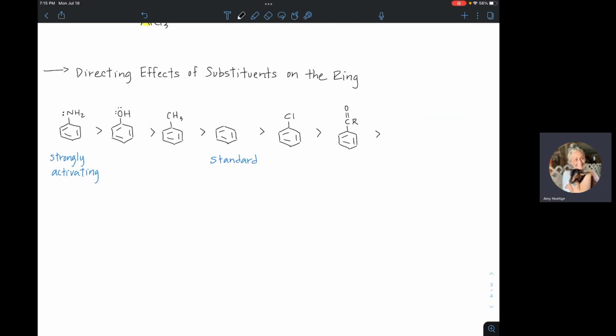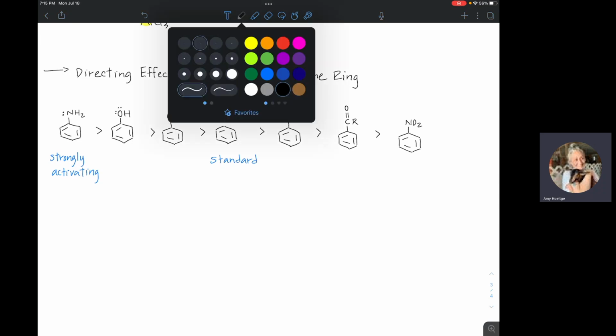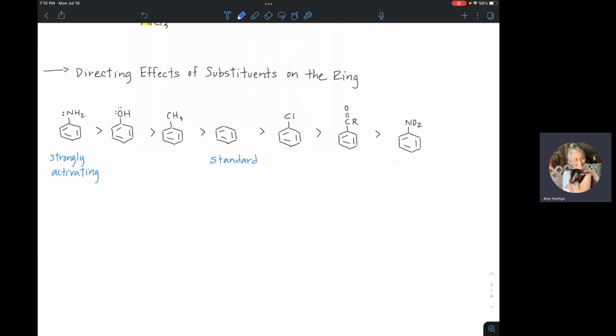And then the beast, the nitro group. This is our strongest electron withdrawing group. This is going to be the most strongly deactivating substituent that you could have on the ring if you want the ring to be the nucleophile.